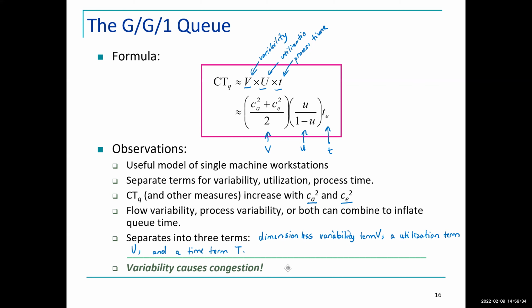So the higher the variability, the higher your cycle time in the queue.